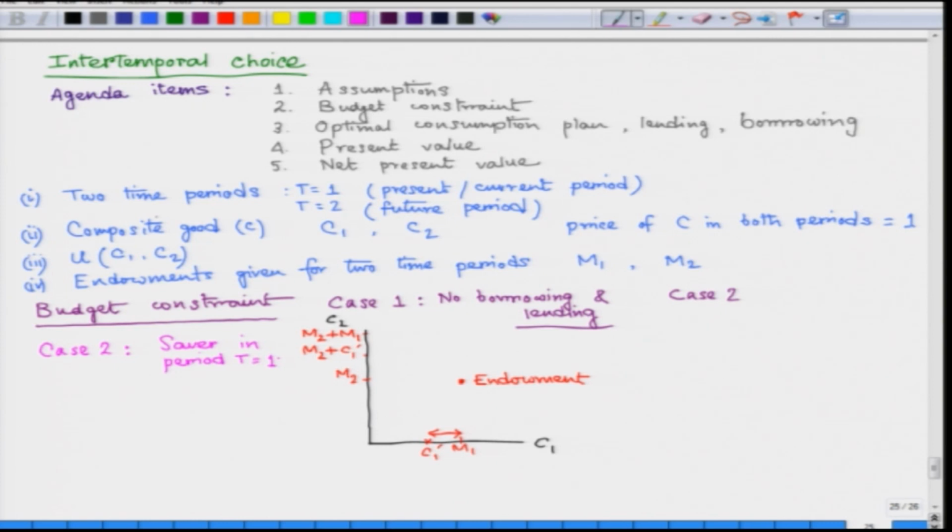So, let us assume that our consumer decides to consume only C1 units of consumption good in period 1, and then there will be a saving.